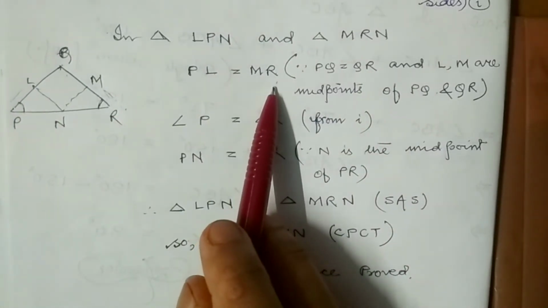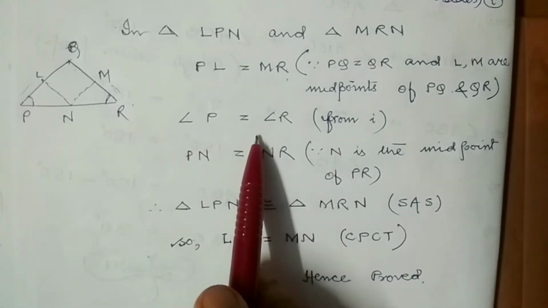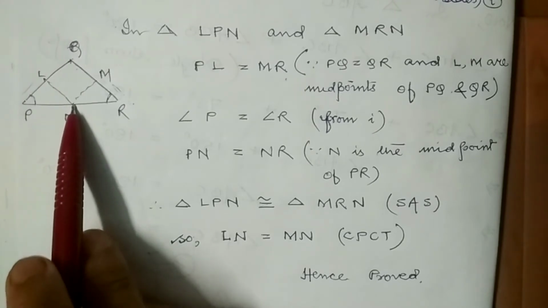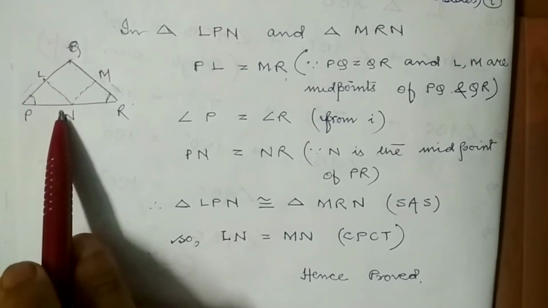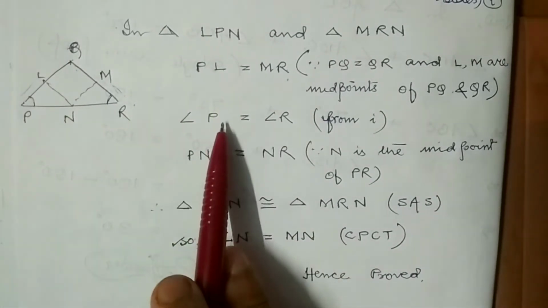This part clear? Next part, angle P equals angle R, already we have shown, and PN equals NR because N is the midpoint. So here you can see side, angle, side.